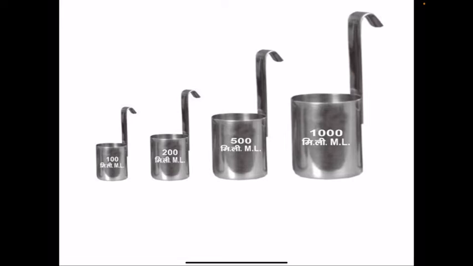If you want 500 ml, so they will use the third container. If you want 200 ml, then they will use the second container, and first container is of 100 ml. Ml means milliliter. Just now we'll talk about the units, then you'll come to know. You'll understand in a better way. So these containers are generally used to measure milk, the volume of milk.